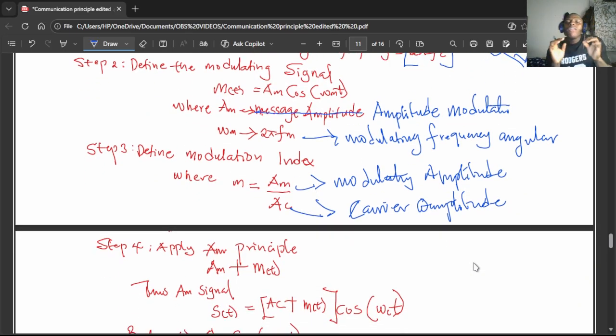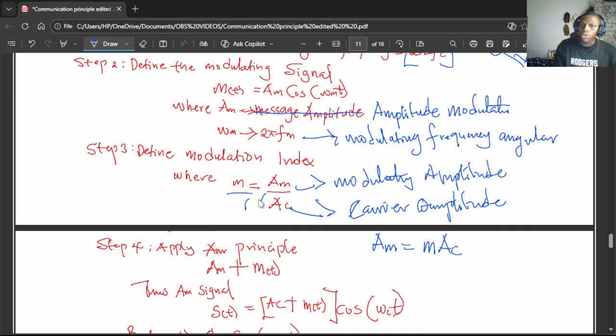Now, after defining your modulation index, remember, we are looking for an expression for amplitude modulation. From what we have here, we can bring out Am, which is the modulating amplitude. So let's calculate for Am. Your Am will simply be m multiplied by Ac, this is over 1, right?